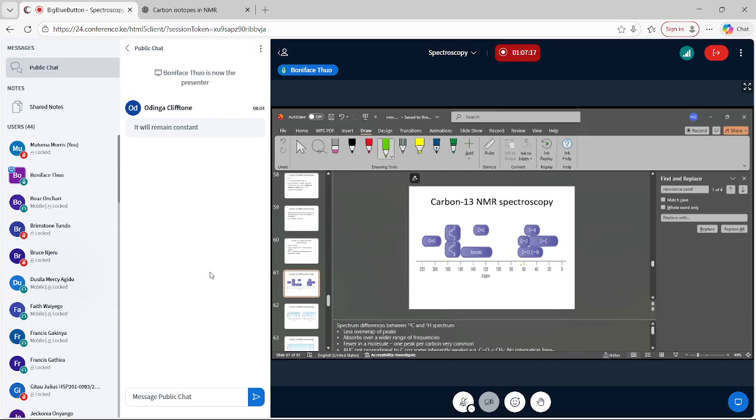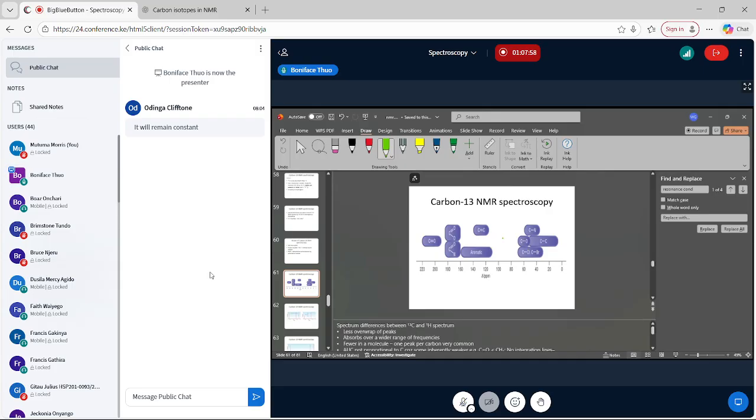So if you see a peak in a carbon spectrum between 0 and 65 to 70, it tells you that that is a carbon which is saturated. If the value is closer to 65 to 70, then you are thinking of a carbon attached to an electronegative element. Around 20 to 30, it's more of a carbon attached to other carbons.